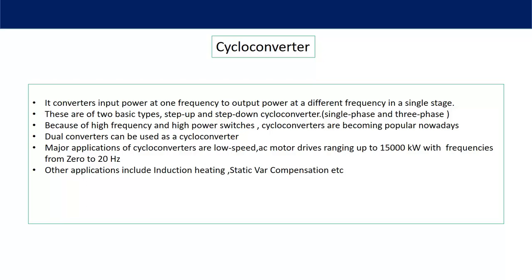Major applications of cycloconverters are low-speed AC motor drives ranging up to 15,000 kilowatt, very high power, with frequencies from 0 to 20 Hz. In this case, thyristor is the most suitable switching device. Other applications include induction heating, static VAR compensation, etc.